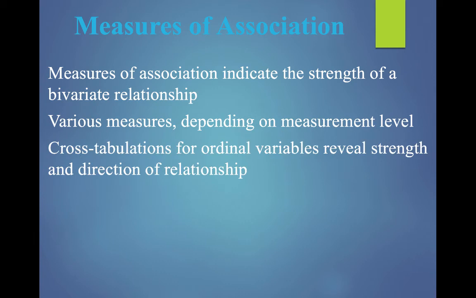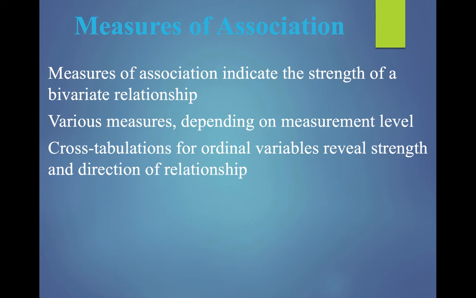And so crosstabs for ordinal variables reveal strength and direction of relationship. Unlike with nominal associations, crosstabs between two ordinal variables show patterns of association, and they can also reveal the direction of the relationship between the variables. The direction of the relationship refers to a situation in which cases with high values on the independent variable are associated with high values on the dependent variable, which is what we call a positive relationship.